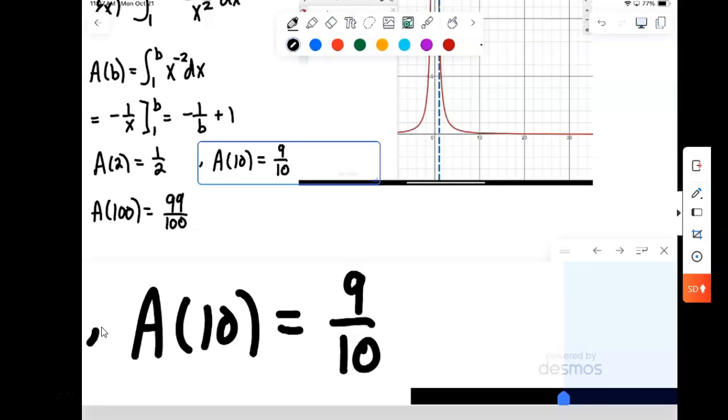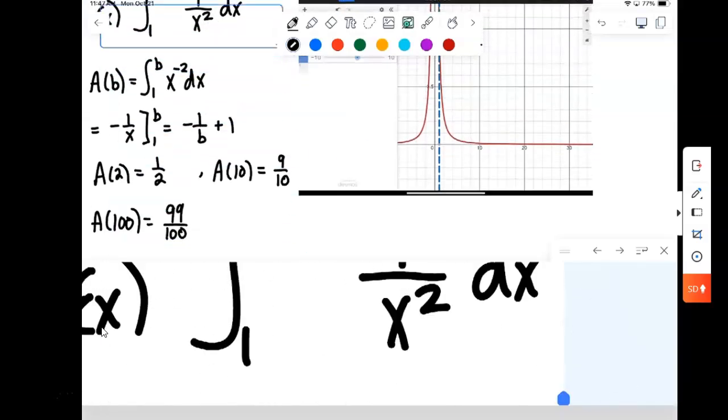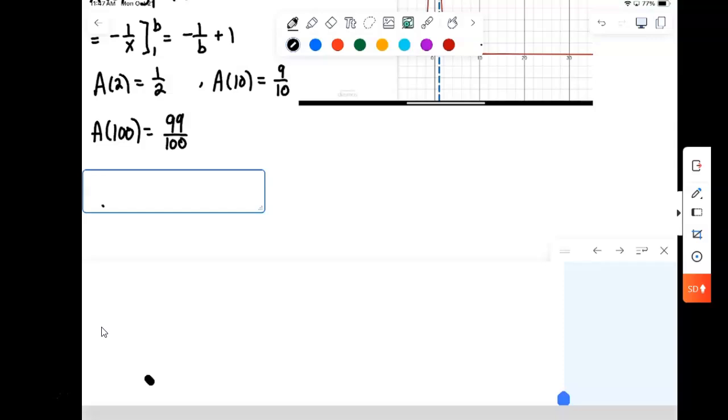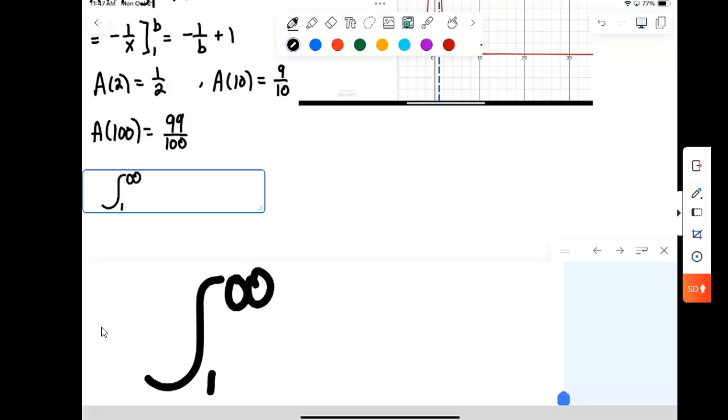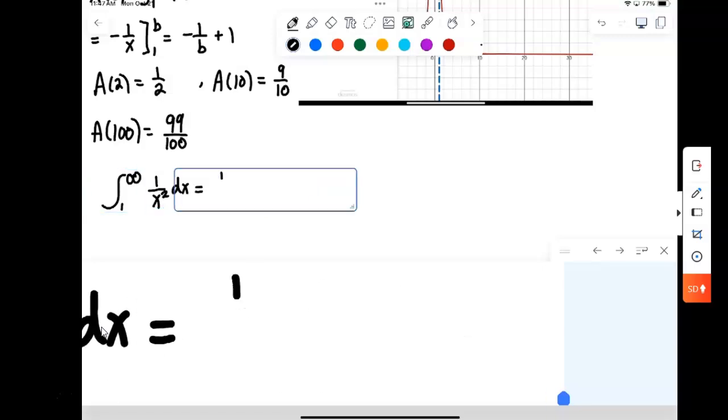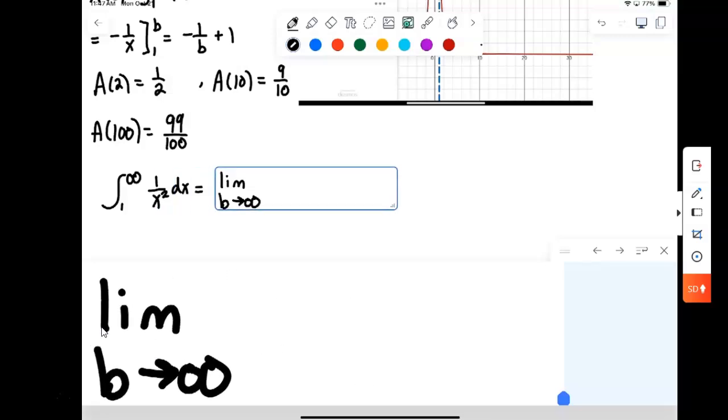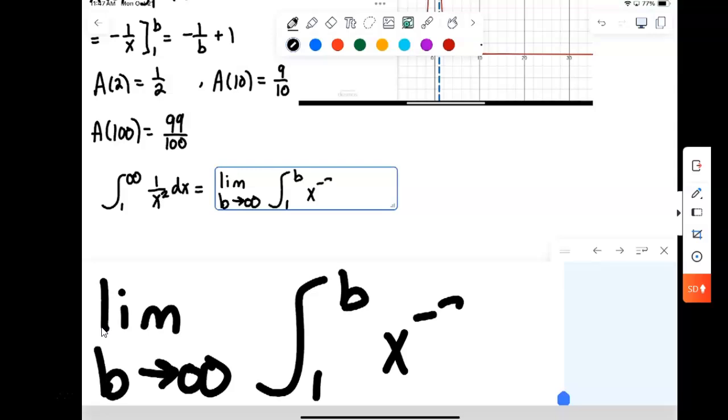To find out if it actually is, we're going to use our limit process. So this is how we would set the problem up. We would say the integral from 1 to infinity of 1 over x squared, or x to the minus second, dx, would be the limit as b approaches infinity of the integral from 1 to b of x to the minus second dx.